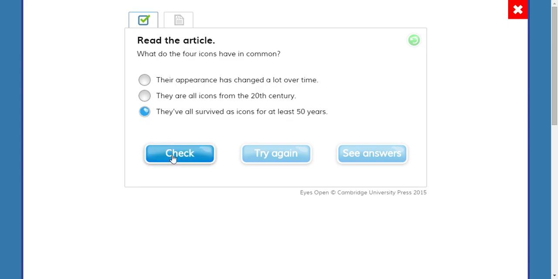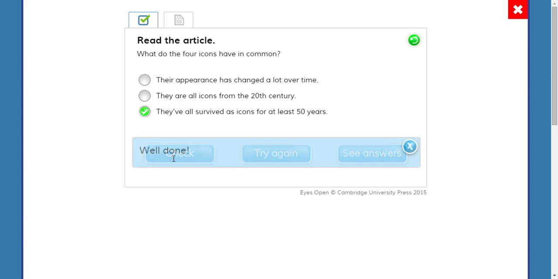Okay, let's see a possibility. 1, 2. Yes. So the idea, what do the 4 icons have in common, is that they've all survived as icons for at least 50 years. So they are very old, including Paul McCartney. Okay, on your book, your answers. Thank you. Let's continue.